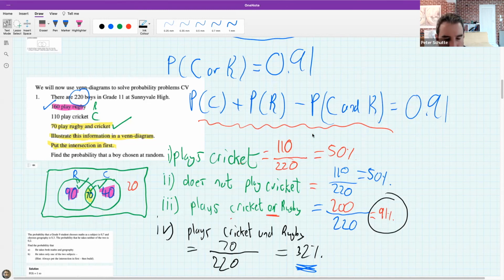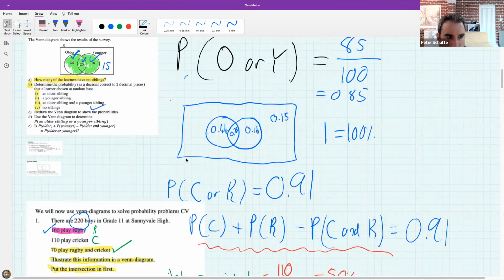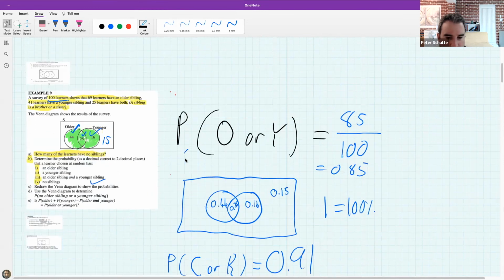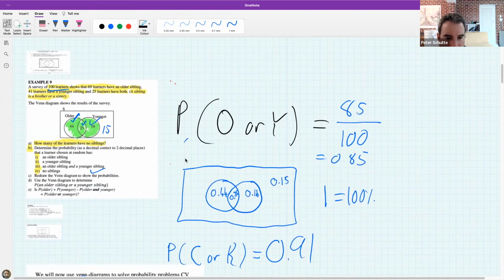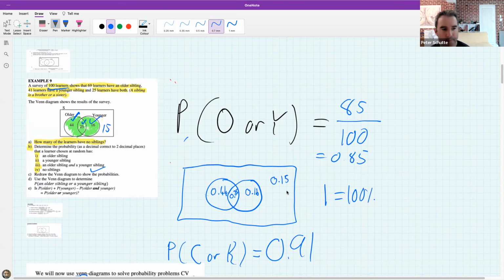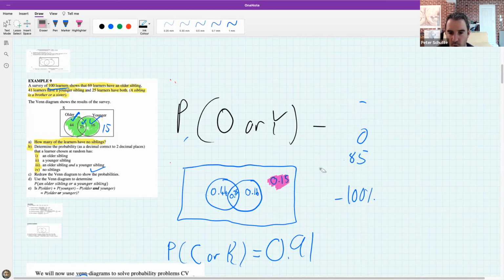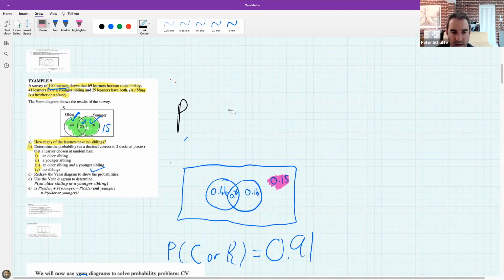So can you please go back to the previous question? We were talking about older siblings and younger siblings, and explain how you got the new data for the new Venn diagram. Okay, so all I did, I'm going to just show you the one region. Do you see the 0.15 here? When we do Venn diagrams, we can write them as probabilities or as numbers.